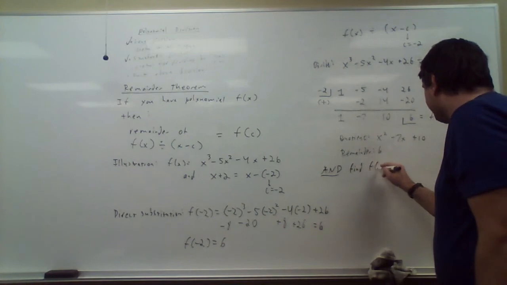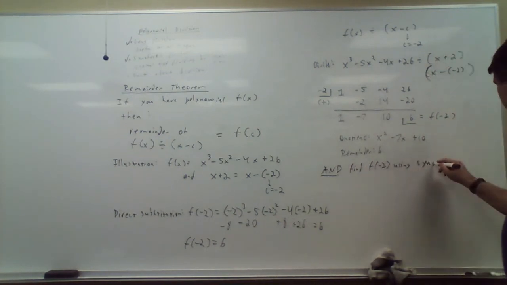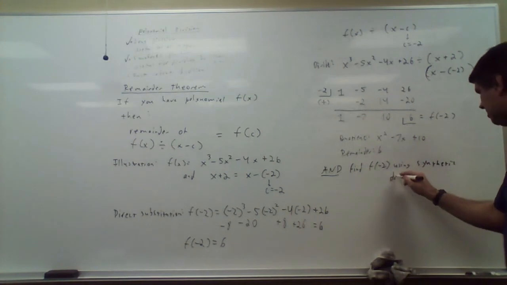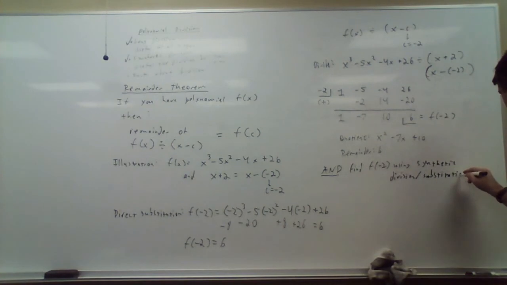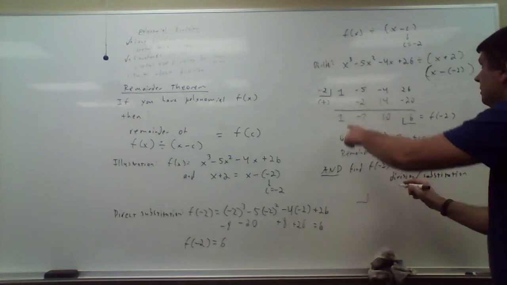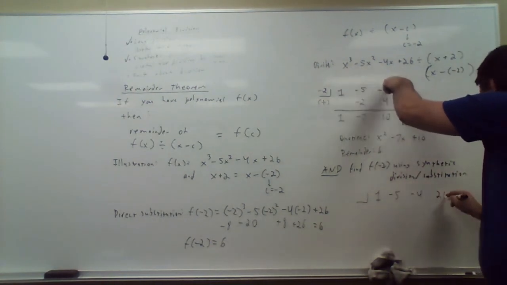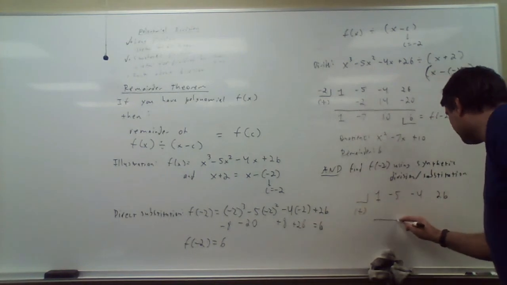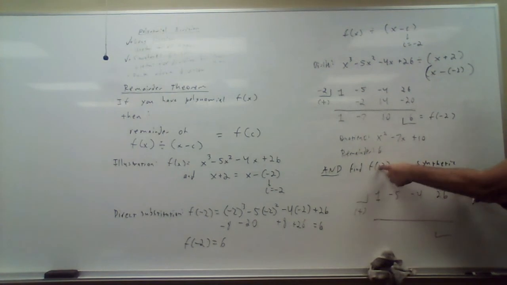Okay, now, we can find f of negative 2 using synthetic substitution. Okay, because in this context it's interchangeable. You're trying to find a function value. Okay, so box, we got 1, negative 5, negative 4, 26. In the context of synthetic substitution, you plug in the actual value.